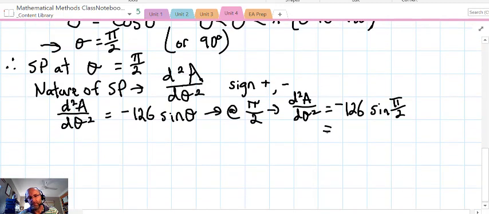And sine pi on 2 is 1, so we have negative 126 times 1. That's a negative, so the stationary point is a maximum.